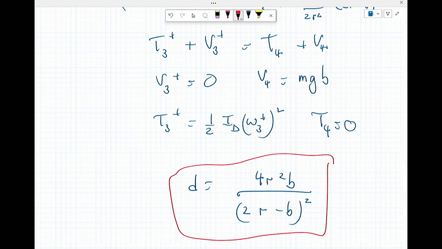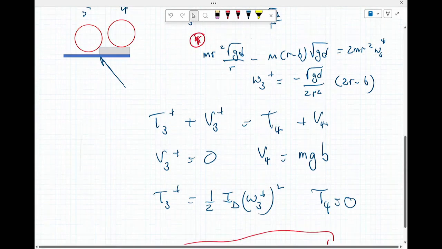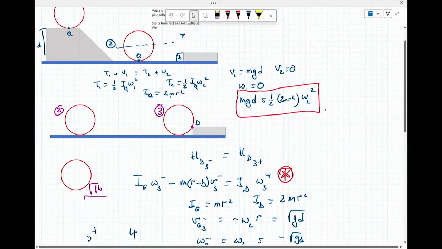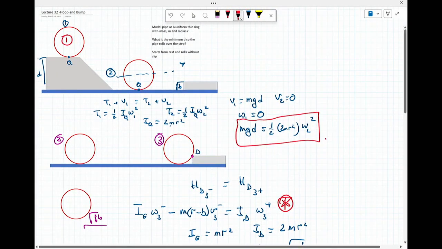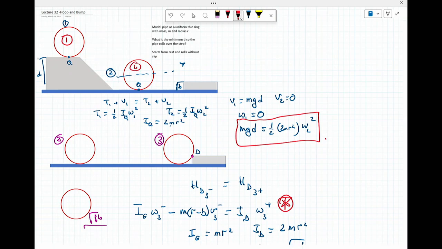Questions? Go ahead. Is the plus notation the moment after the event? Yeah, so it's after 3. It's problematic because they end up in the same position, so we have position 1, then somewhere in between at the bottom of the ramp 2, from 2 to 3 just before impact, 3 just after impact, but there's no real motion.